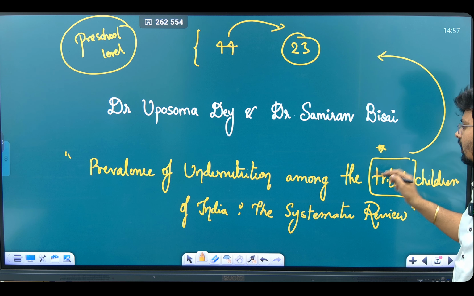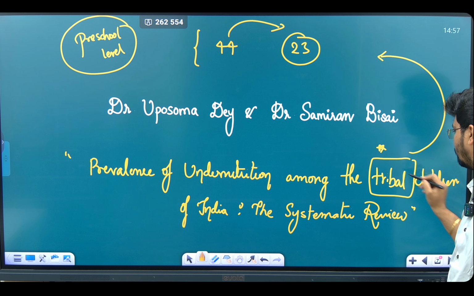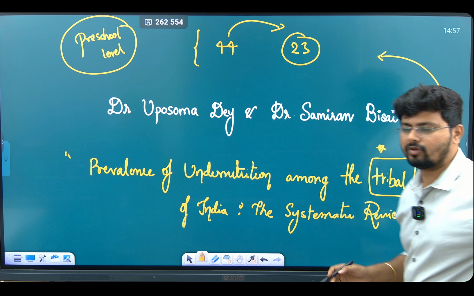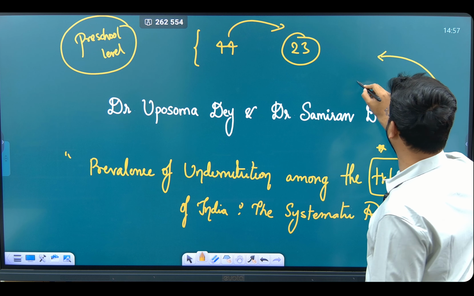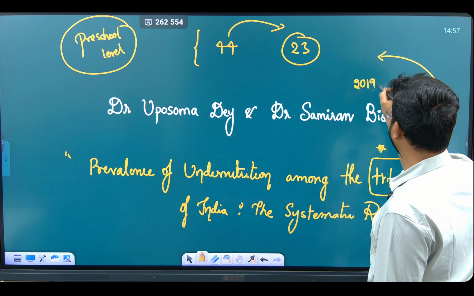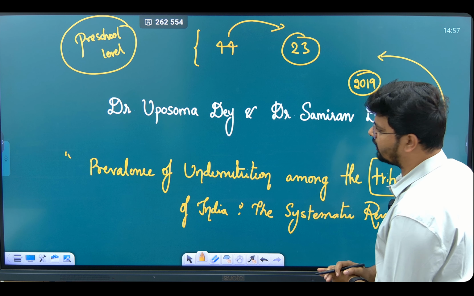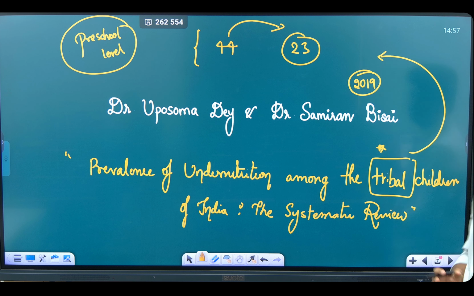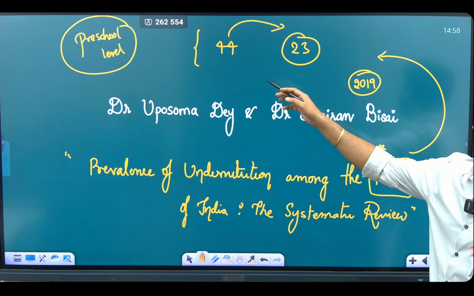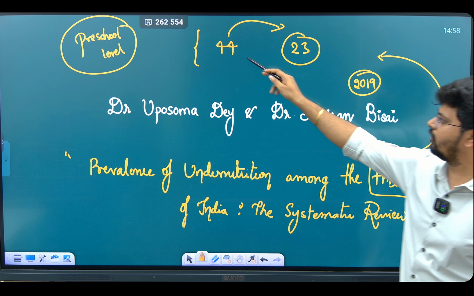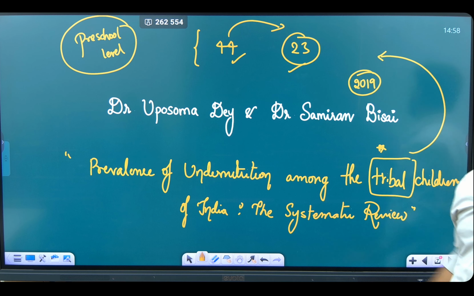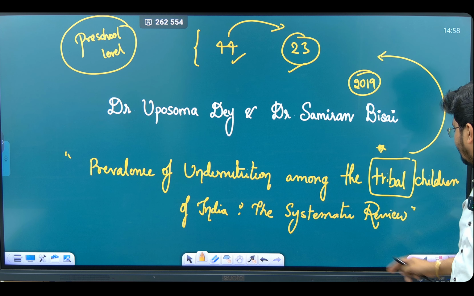So this is the prevalence of undernutrition among the tribal children of India, because this was in 2019 and they tried to accumulate most of the research papers and publish it. There you can highlight that in preschool level children there is 44% stunting and 23% wasting.